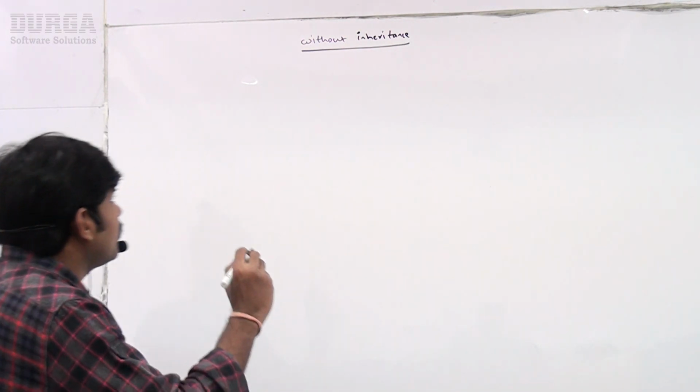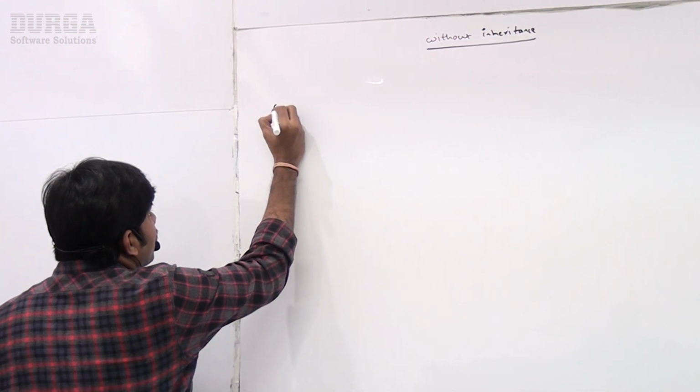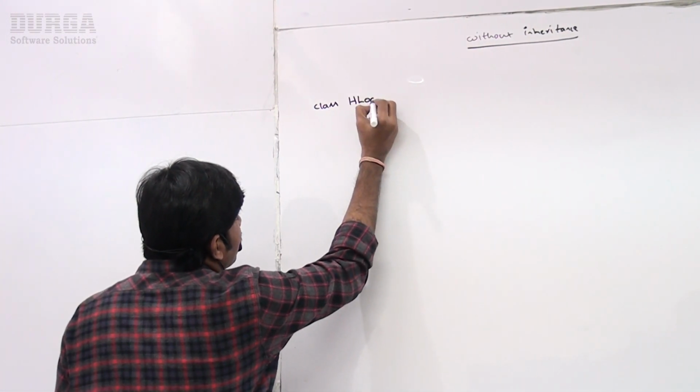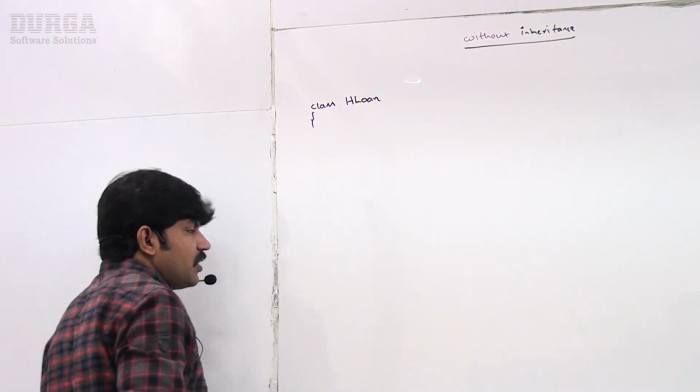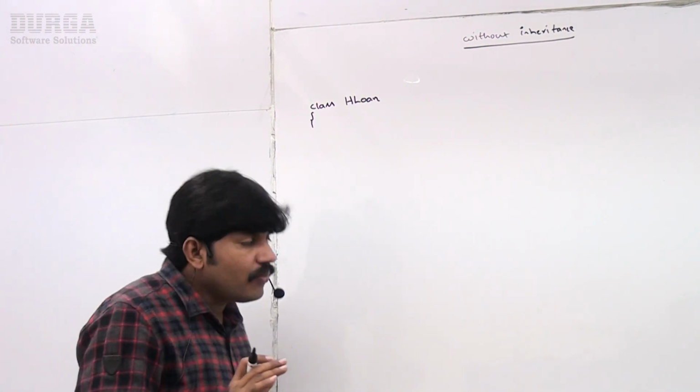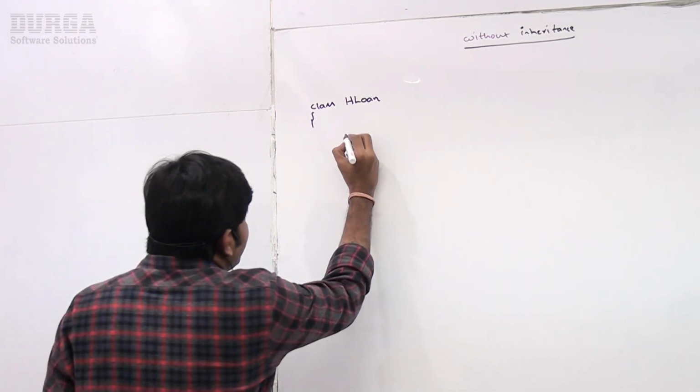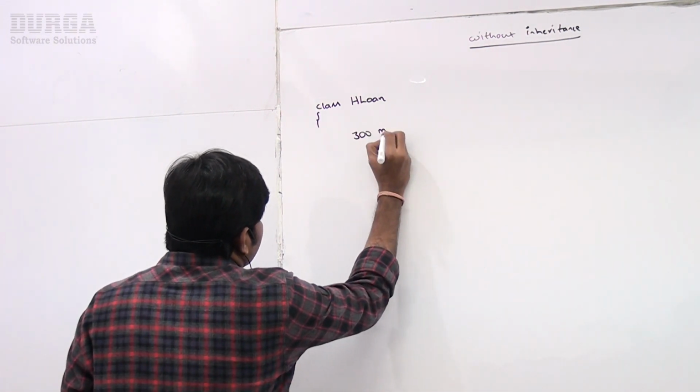Now observe that I'm taking class HousingLoan, assume home loan or housing loan. Housing loan related 300 methods are there.